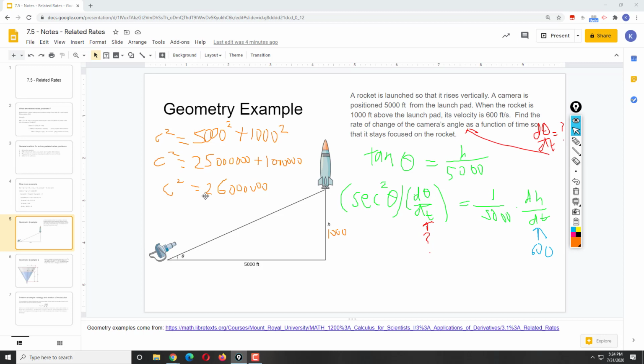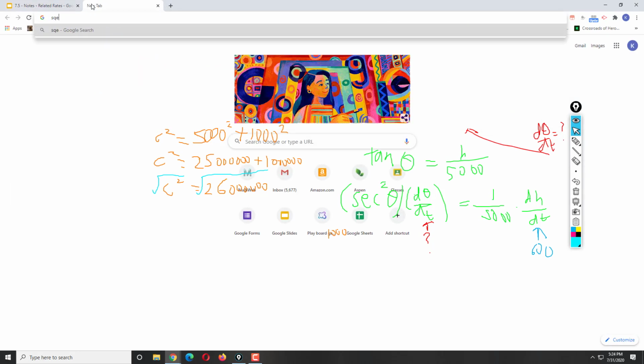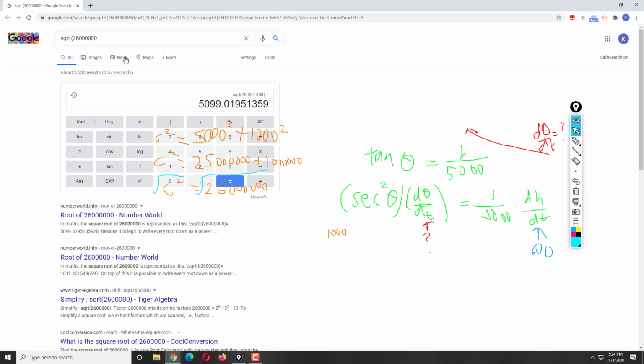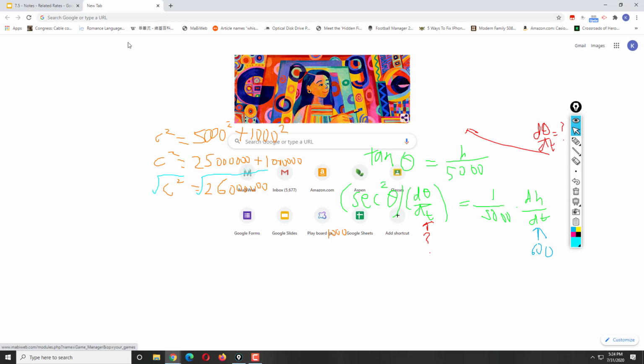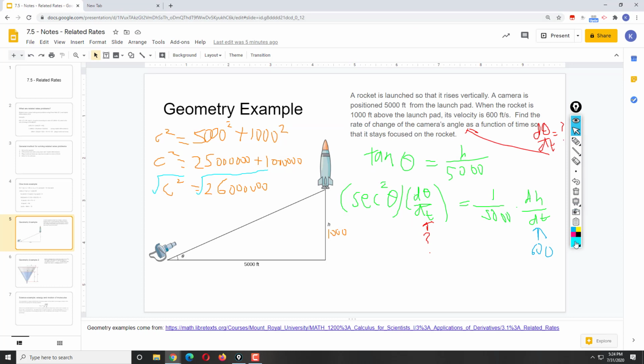Taking the square root of both sides, we can use a calculator. We want the square root of 26 million, which gives us about 5,100. So c is about 5,100.